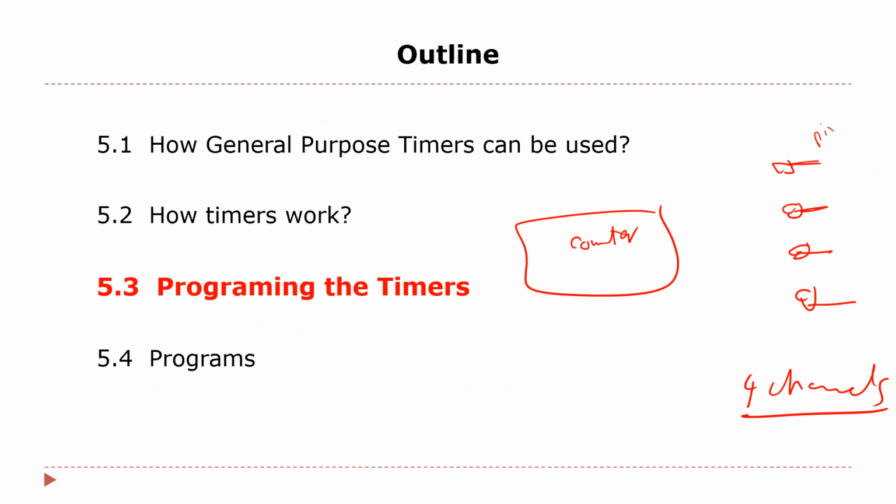So this timer has four channels. Every channel has its own interrupts. Every channel has a pin. So that means I can use this pin for input capture, output compare, whatever you program it.